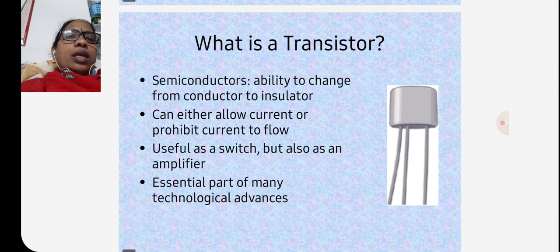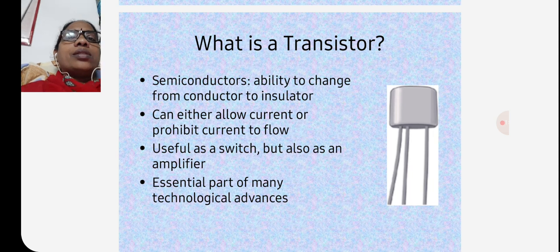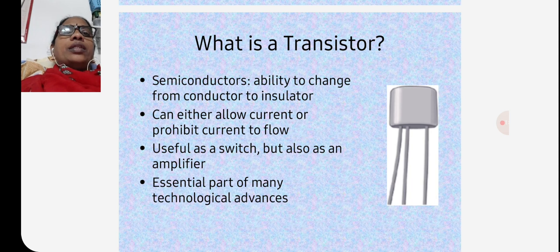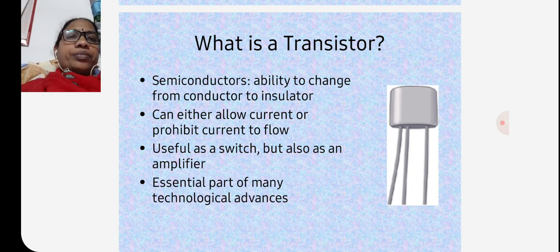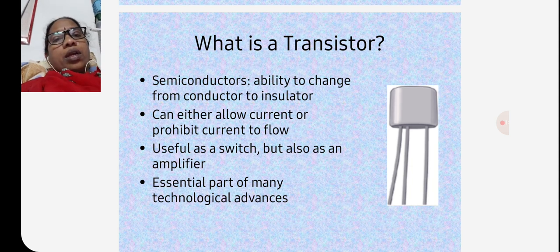So what is a transistor? A transistor is a semiconductor device. A semiconductor has the ability to change from conductor to insulator. Electrical materials are of three types: conductors, semiconductors, and insulators.